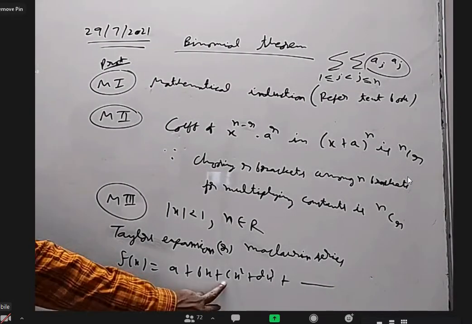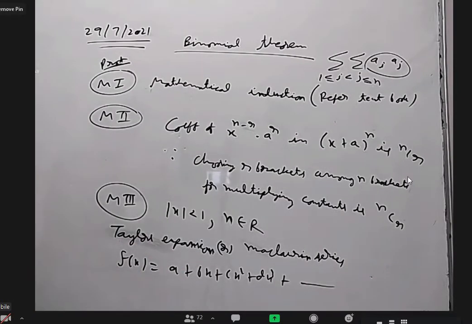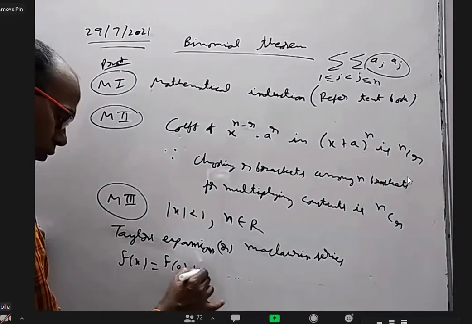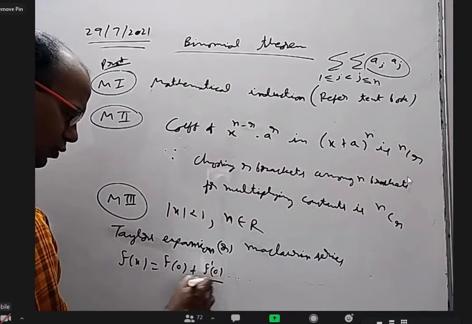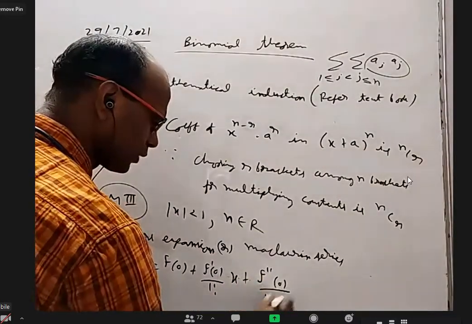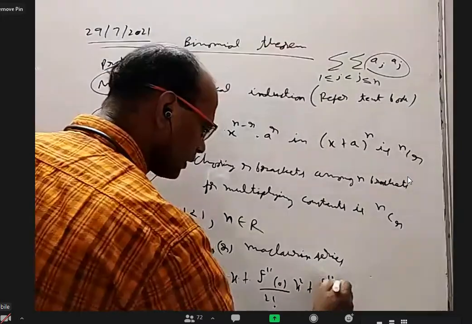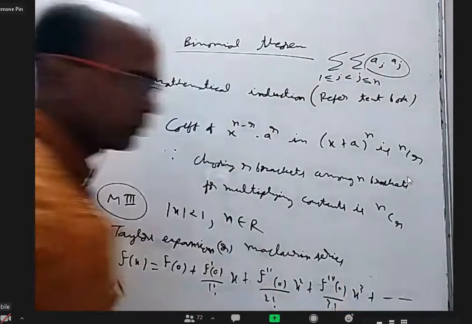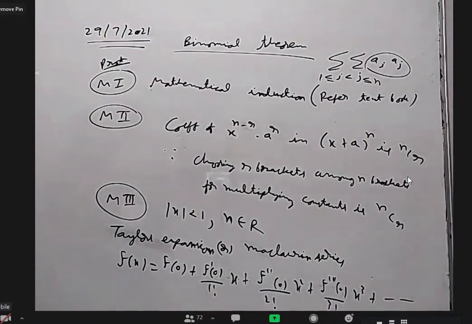If you want to find c, differentiate twice and put x equal to 0. If you want d, differentiate thrice. So based on that, what we get is f of 0 plus f dash 0 by 1 factorial into x, f double dash 0 by 2 factorial into x square, f triple dash 0 by 3 factorial into x cube, and so on. This is the Taylor's expansion.